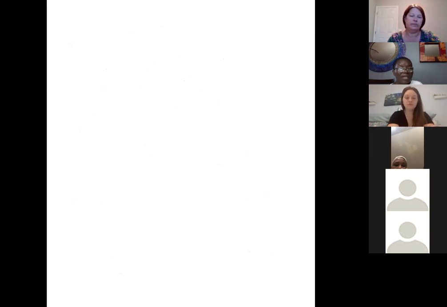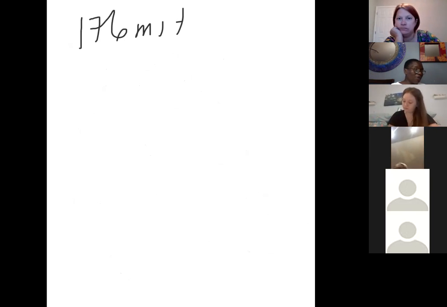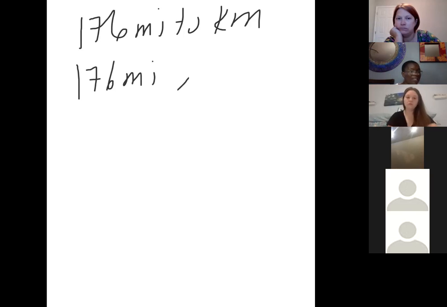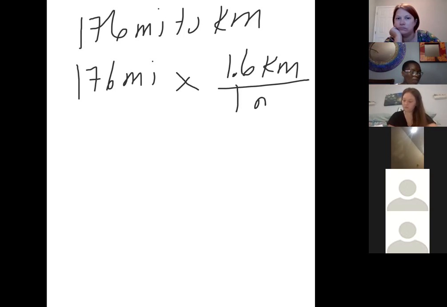Now, here's the next question. This one, they want you to convert 176 miles to kilometers. And for this one right here, 176 miles, you would multiply it by the unit fraction. What's the unit fraction? It says 1.6 kilometers is approximately 1 mile.